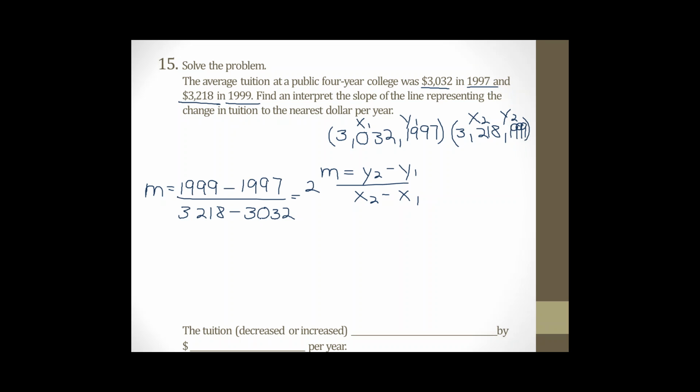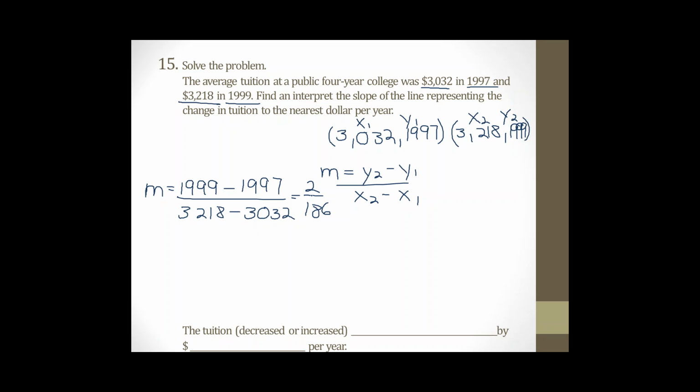So solving these two parts separately, I get 2, and this one, maybe you guys want to help me out real quick, because I know some of you are probably already working ahead and are faster than me talking. So what do we get? 186.